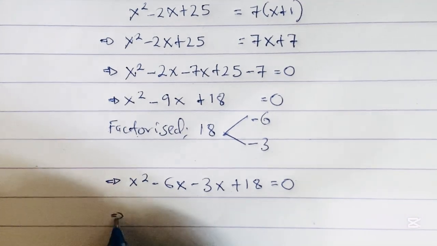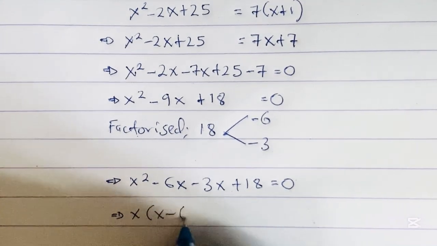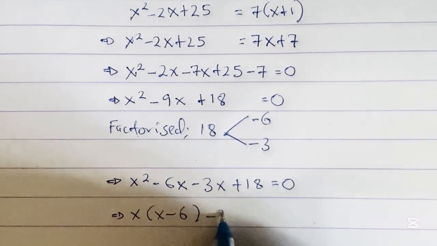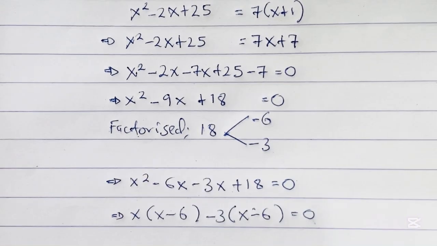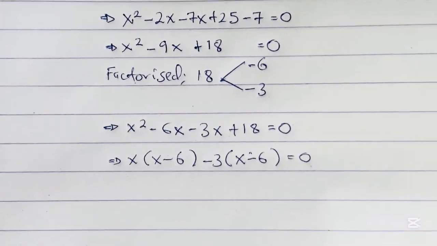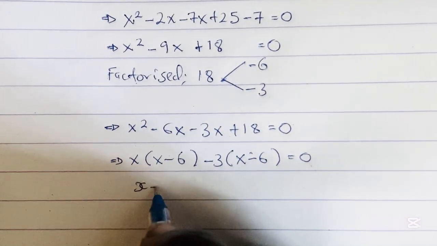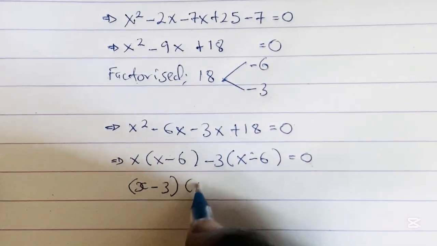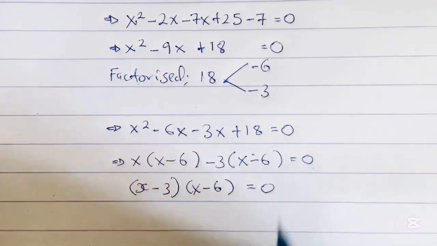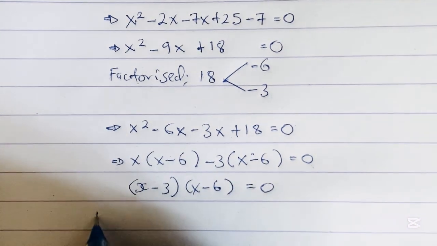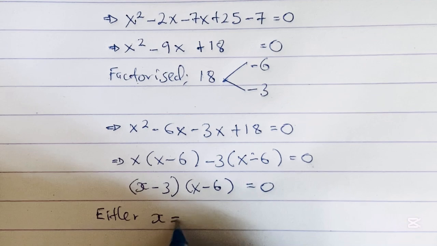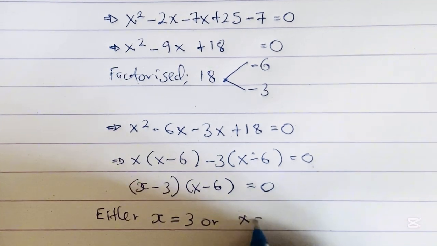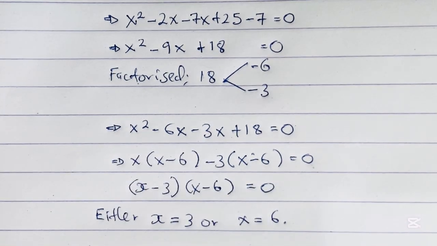So x into (x minus 6) minus 3 into (x minus 6) is equal to 0. So (x minus 3) into (x minus 6) is equal to 0. So either x is equal to 3 or x is equal to 6.